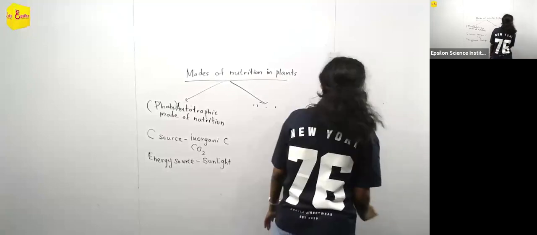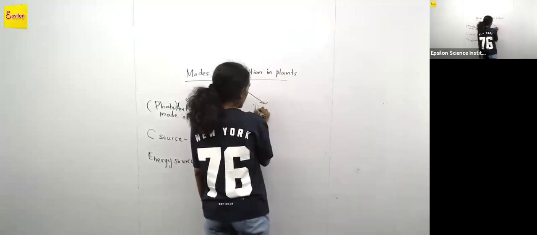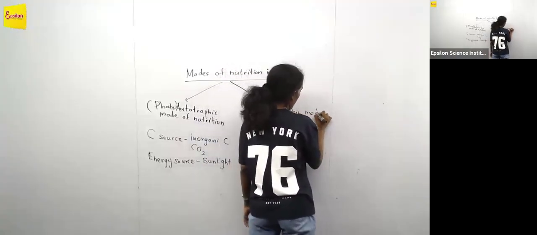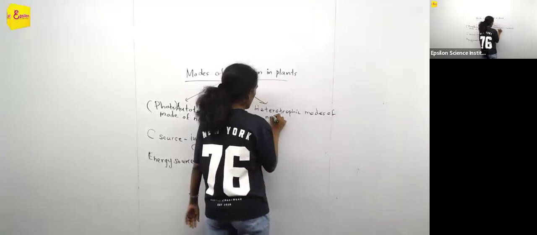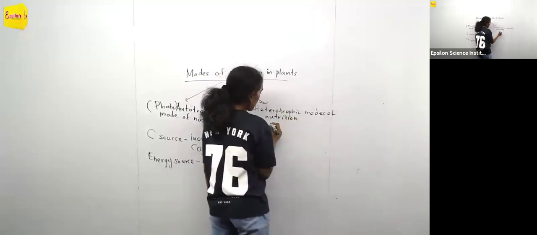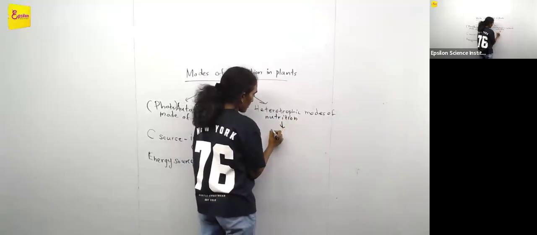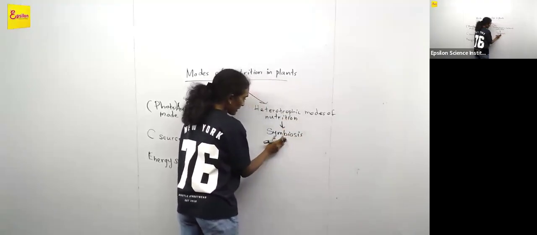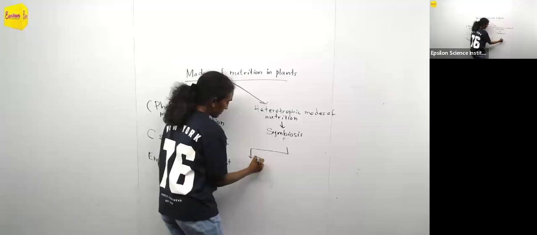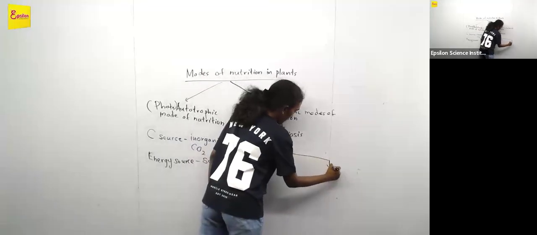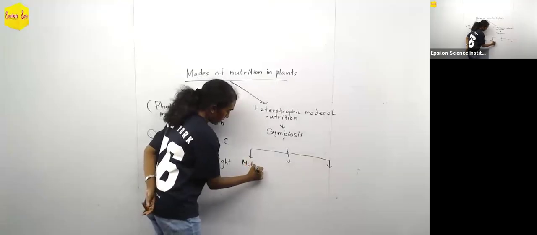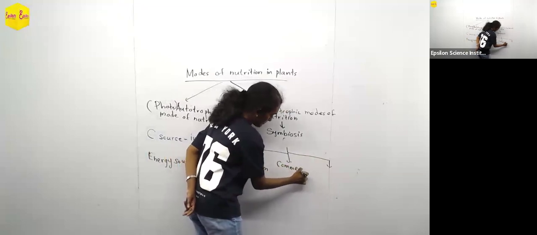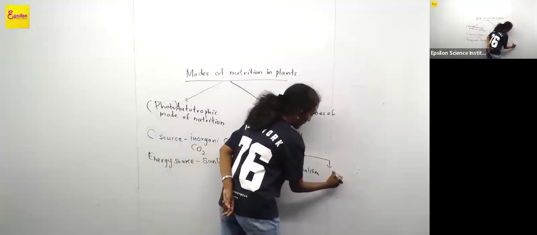Heterotrophic modes of nutrition. Under that, we will be learning about symbiosis. Symbiosis can be divided into three categories: mutualism, commensalism, and parasitism.